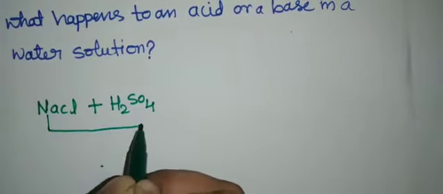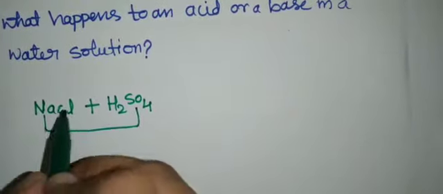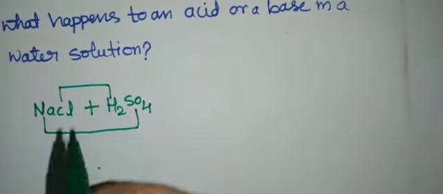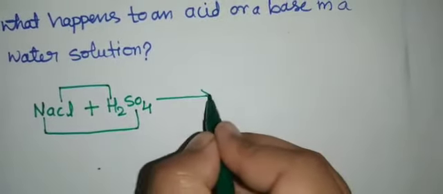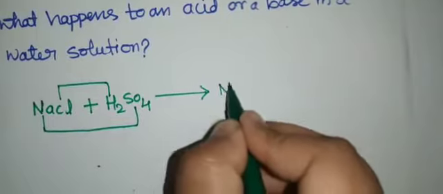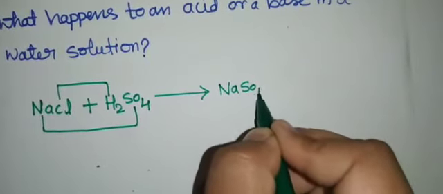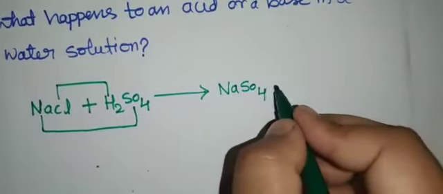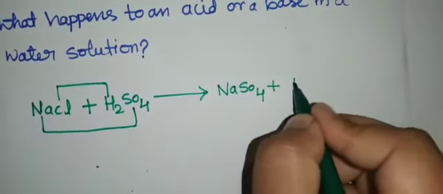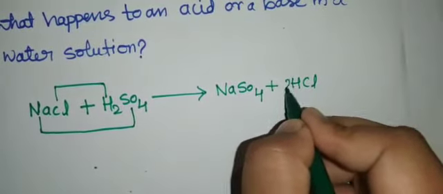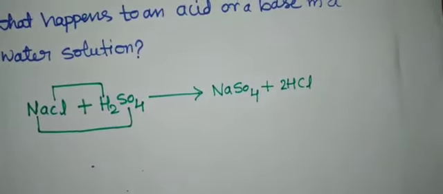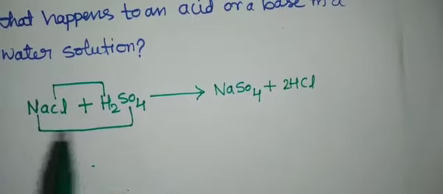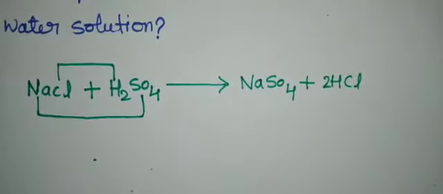Sodium will combine with the sulfate and chlorine will combine with the hydrogen. So what will we get? Na2SO4, sodium sulfate, and HCl. Here it is not balanced, so we have to balance it.